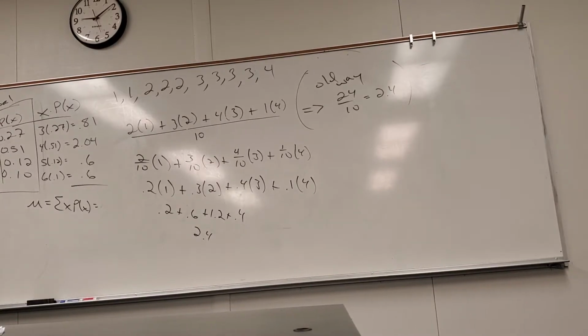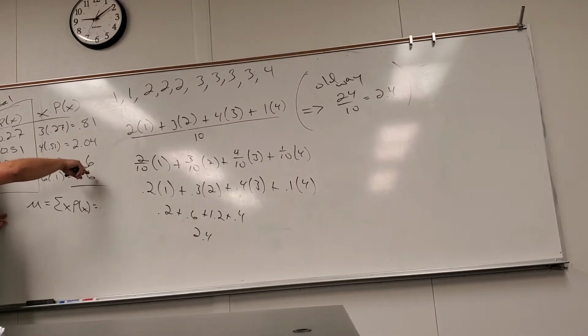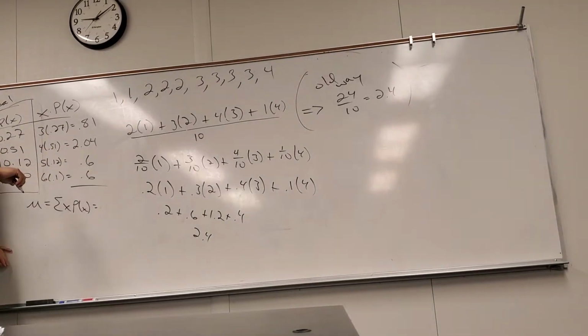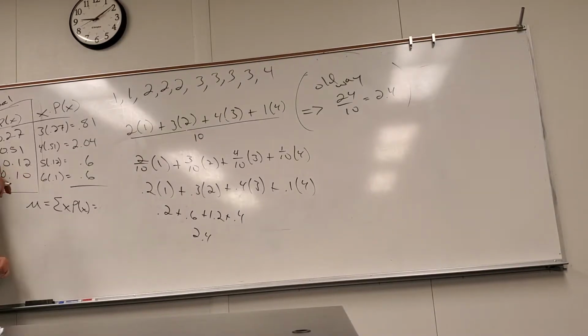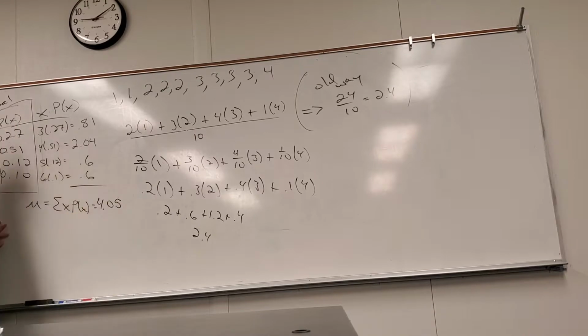So the average should be around 4, I would guess. Let's see. What do I get when I do this? 3.85, 3.05, 2.05, 4.05. Anybody help me? 4.05? That's it. Okay. Thank you.